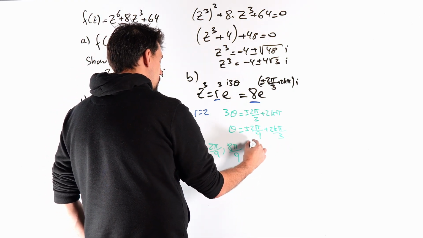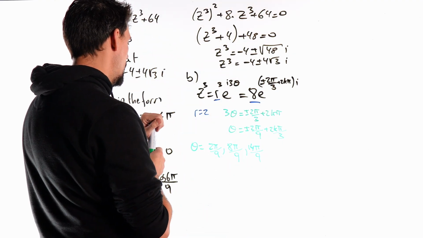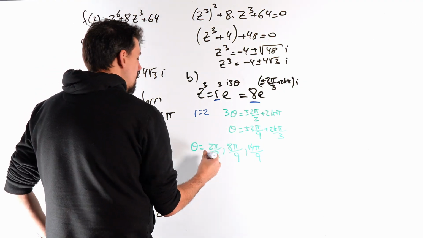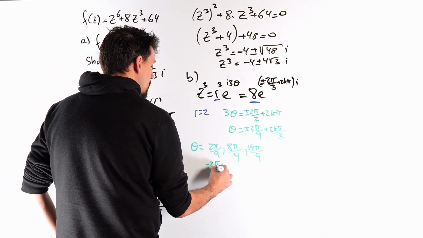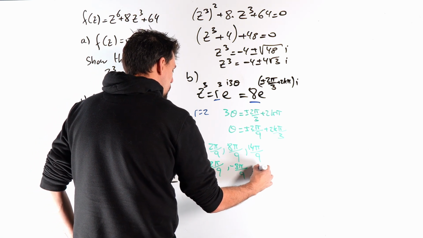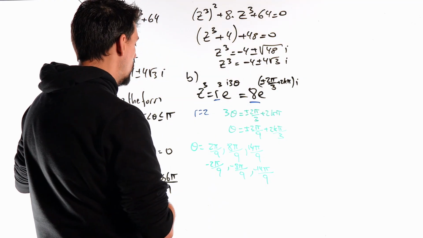There we go, much better. Add another 6 onto that. Yeah, that works. And then in the negative realm, because we want theta between minus pi and pi, that will work as well.